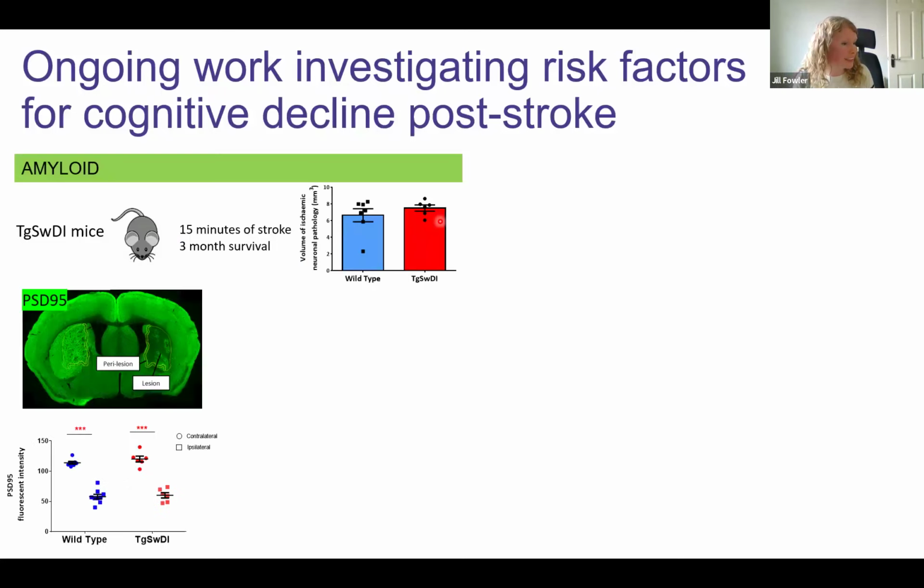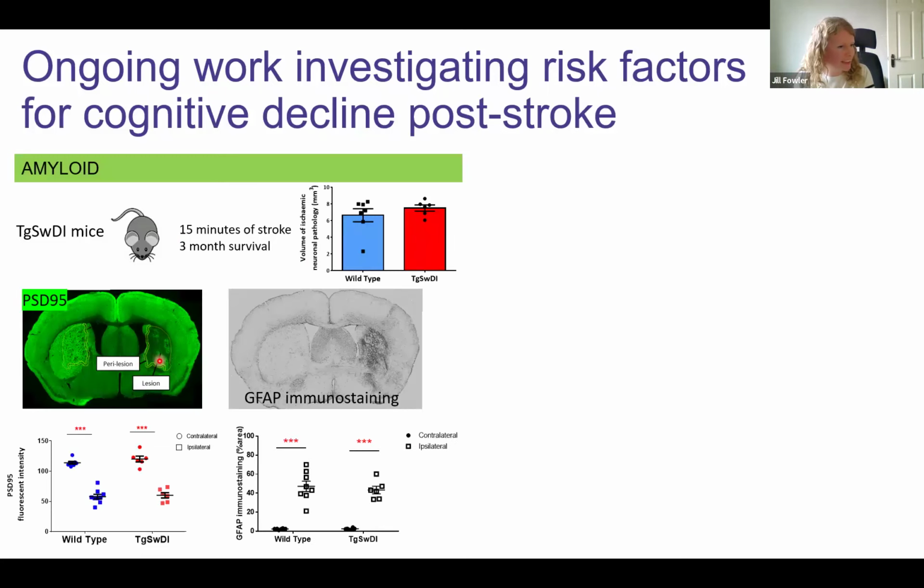And here we actually looked at synapse loss as well by crossing these mice with a line of mice that had a fluorescent tag on excitatory synapses. So there's a loss of synapses in the stroke infarct, but it's not exacerbated in the Swedish Dutch Iowa mice. So there's no interaction of the stroke pathology with the amyloid pathology to cause changes to synapse loss, infarct volume, or glial cell changes in the primary infarct.